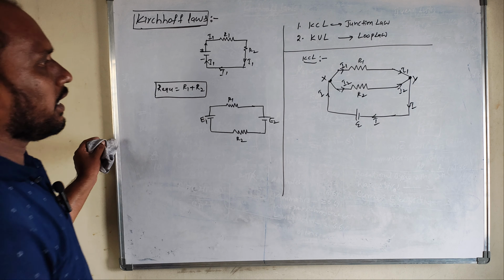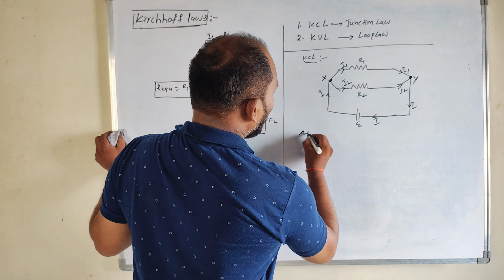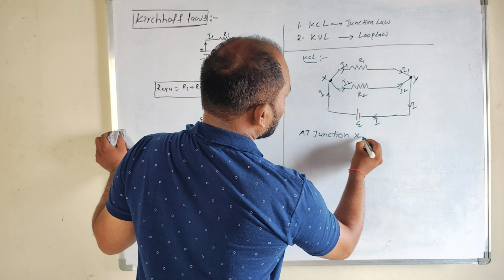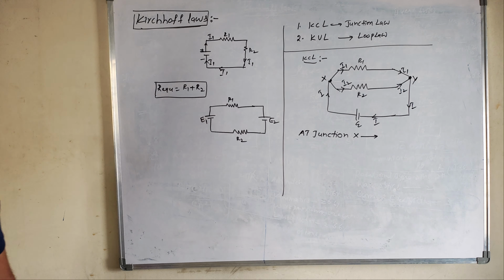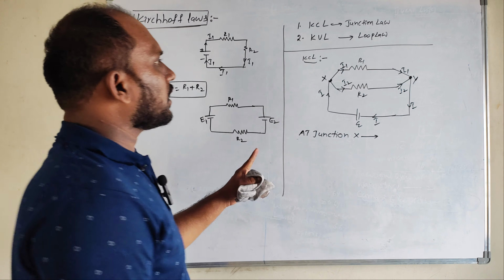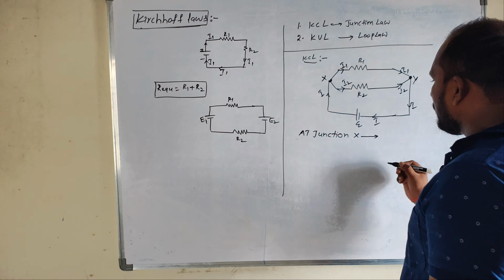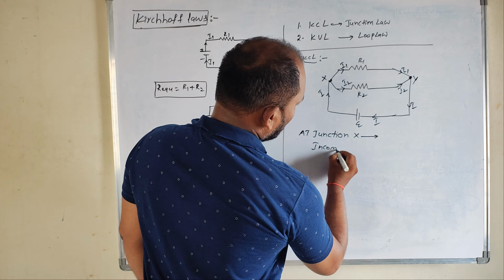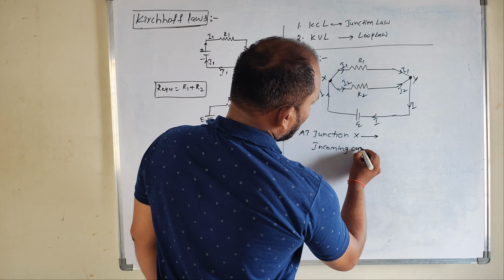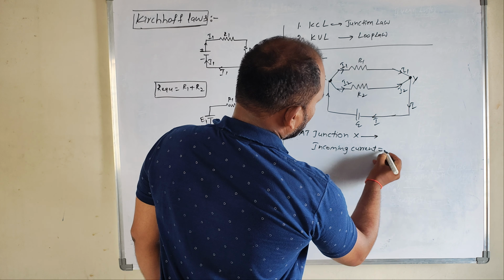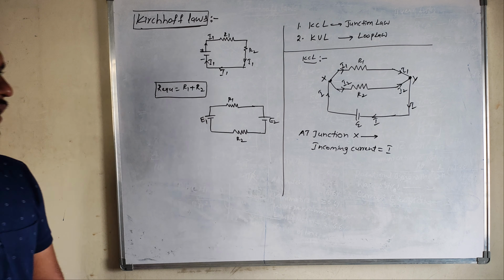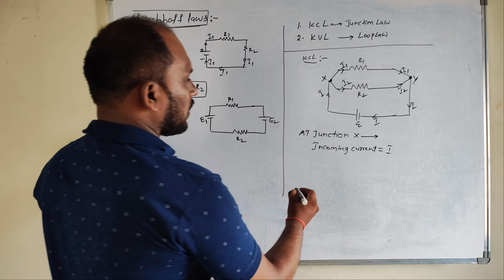Let's see at junction X. What is the incoming current? I is the incoming current. And what is the outgoing current?